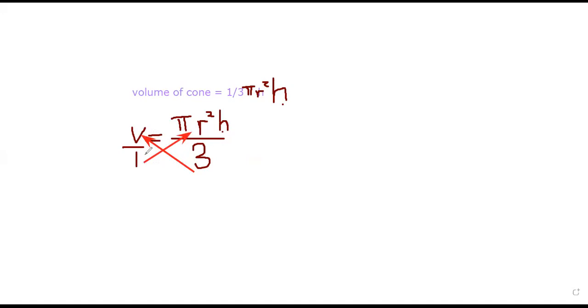Then at the beginning we write 3v equals pi r squared h. In this case, I want to solve for h, or in another way, find the height. Okay, then we are going to make cross multiplication.